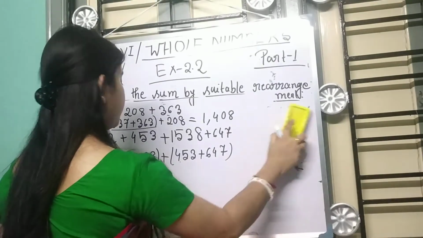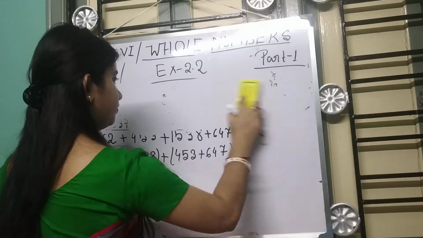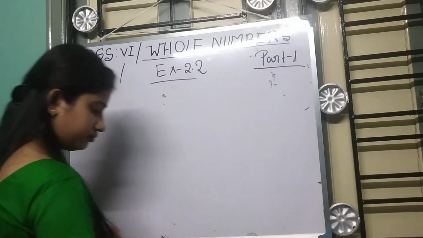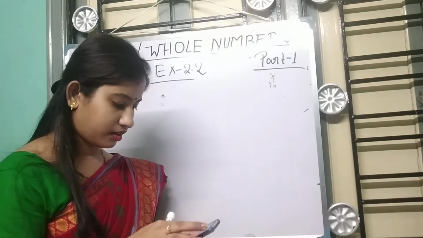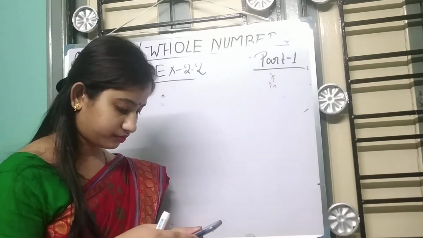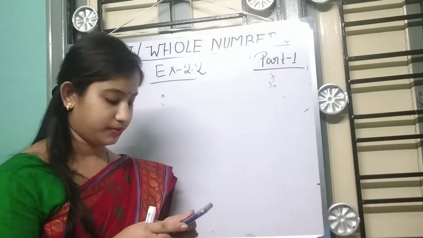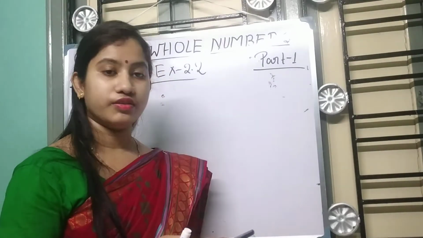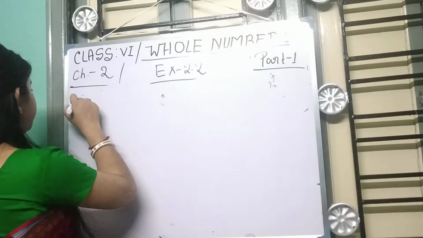Now next we try number 2. Here find the product by suitable rearrangement. In number 1 we first found the sum. So now we find the product.